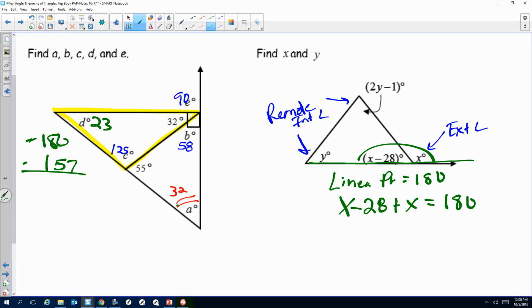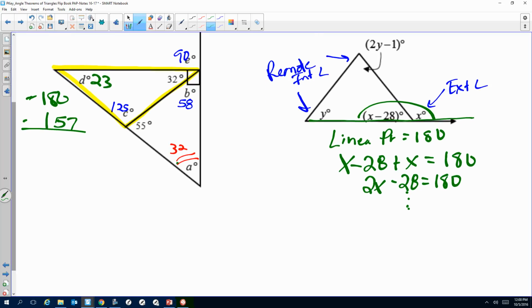So basically we have 2x minus 28 equals 180. x equals... What is x going to give us? Yeah, 104. All right, so x is 104. That is my exterior angle. I now know my exterior angle is 104.